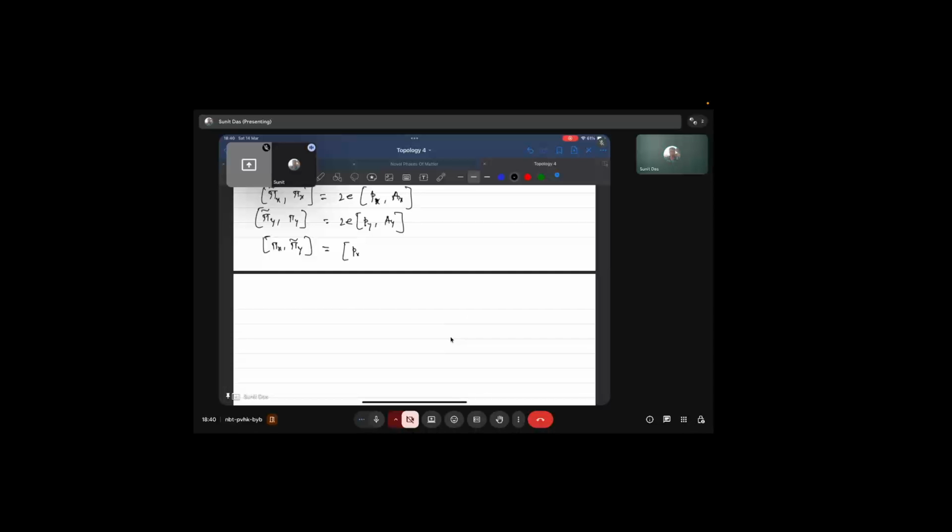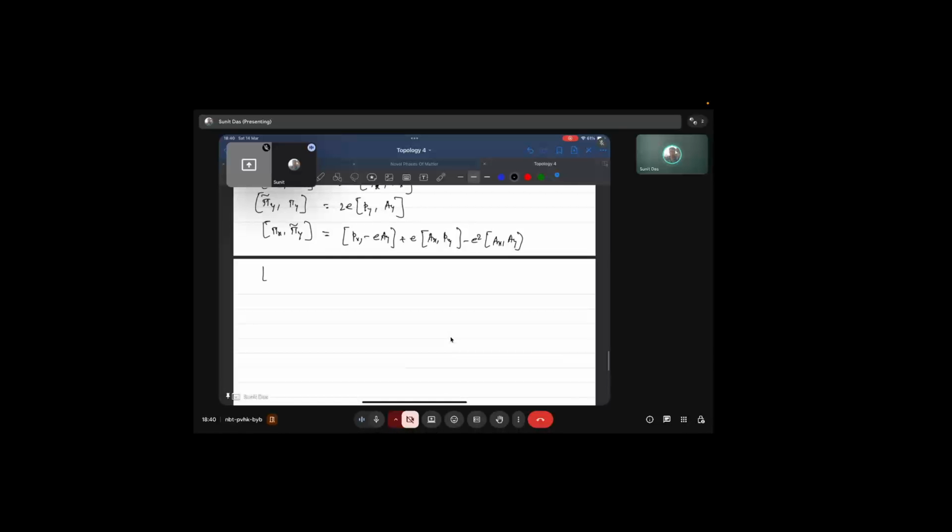So pi x pi y tilde: you will have p_x minus A commutator with p_y, plus A_x p_y, minus e squared A_x A_y. Similarly, you can find pi y pi x tilde.